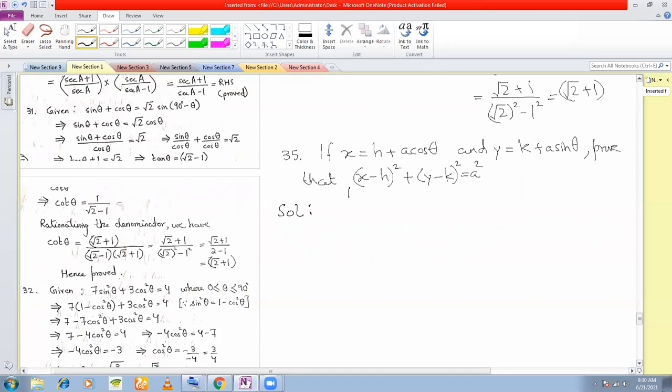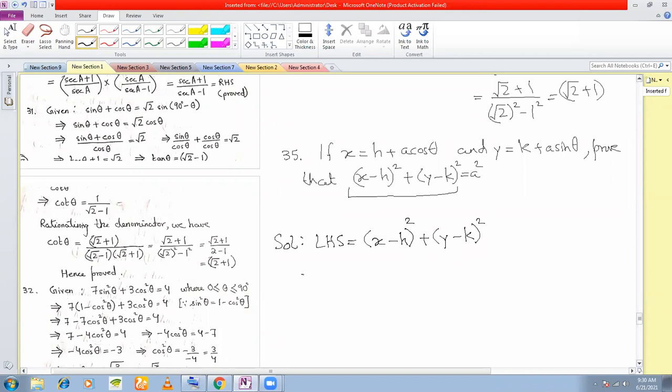Okay, we start from the left hand side. Left hand side here is what? X minus h whole square plus y minus k whole square. So we start from the left hand side. X minus h whole square plus y minus k whole square.